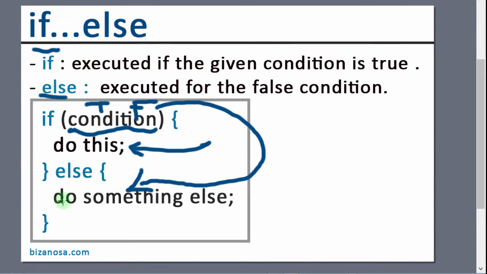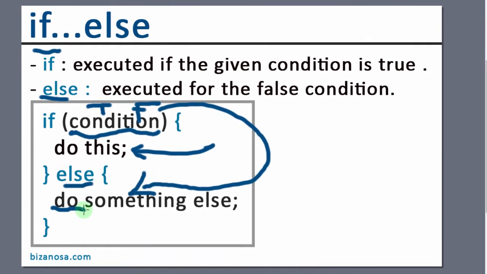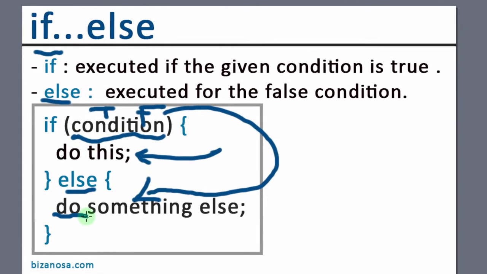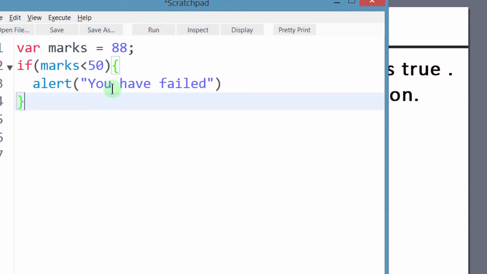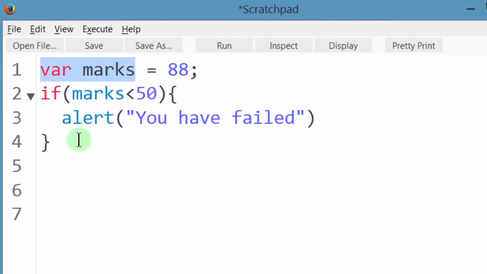So if we go back to that example, we can add an else section so that it can also give some kind of feedback to the user when the condition is false. So if I go back to the browser here, and we already have this example, so I'll just use this one to add an else so that at least we can know what happens next when the condition is false.